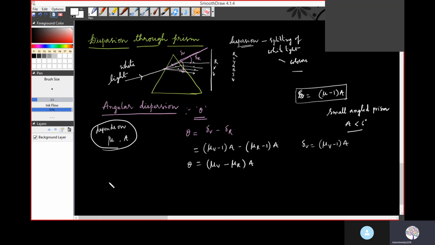Then dispersive power. What is dispersive power?